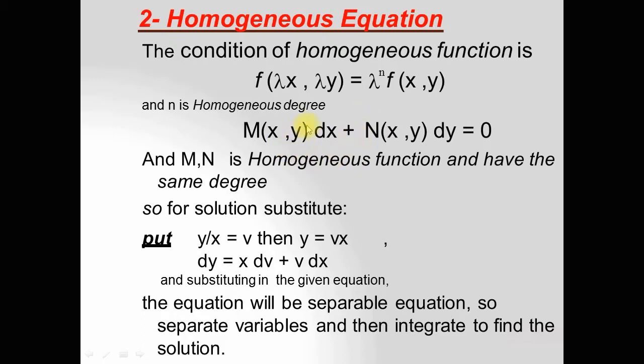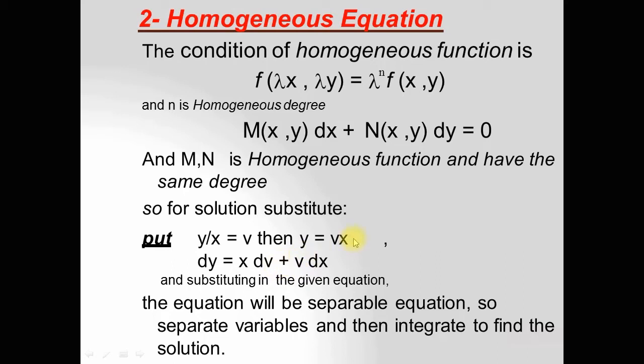And for the solution of a homogeneous equation, first of all we write the function in the form of y by x, then substitute y by x is equal to v, then y is equal to vx, and dy is equal to x dv plus v dx.